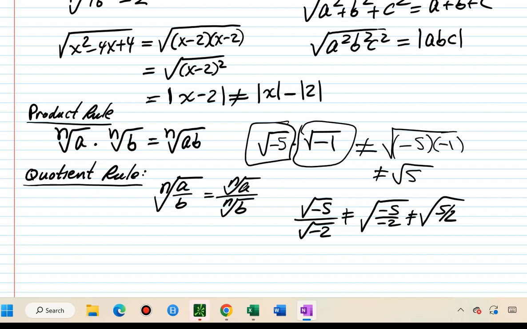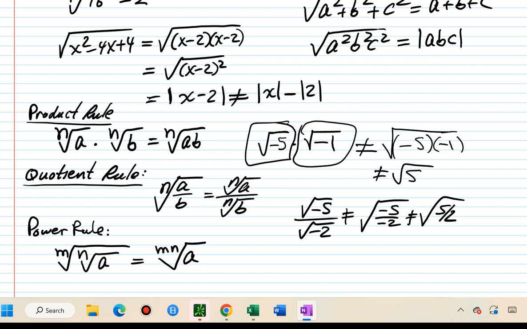Now, what about the power rule? For the power rule, we're going to have the mth root of the nth root of a, and we can write it as the mn root of a. So simply multiply the indices together.